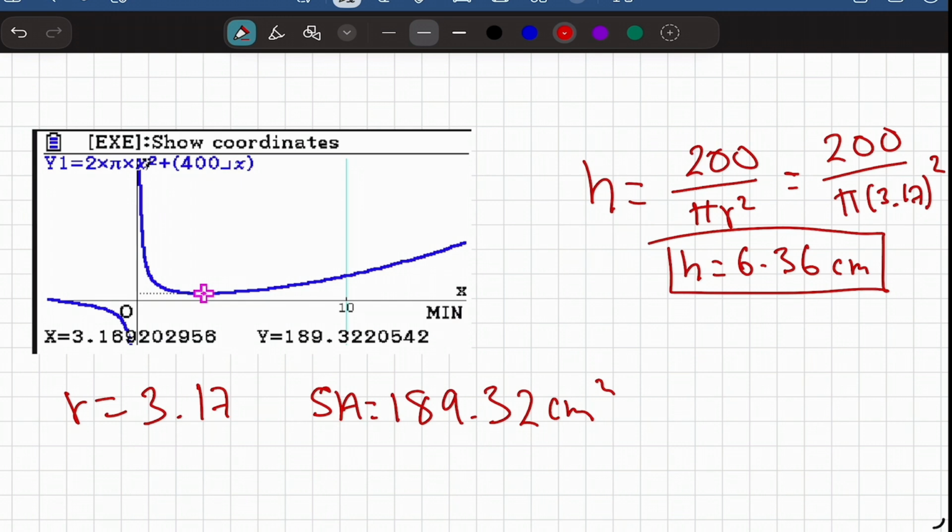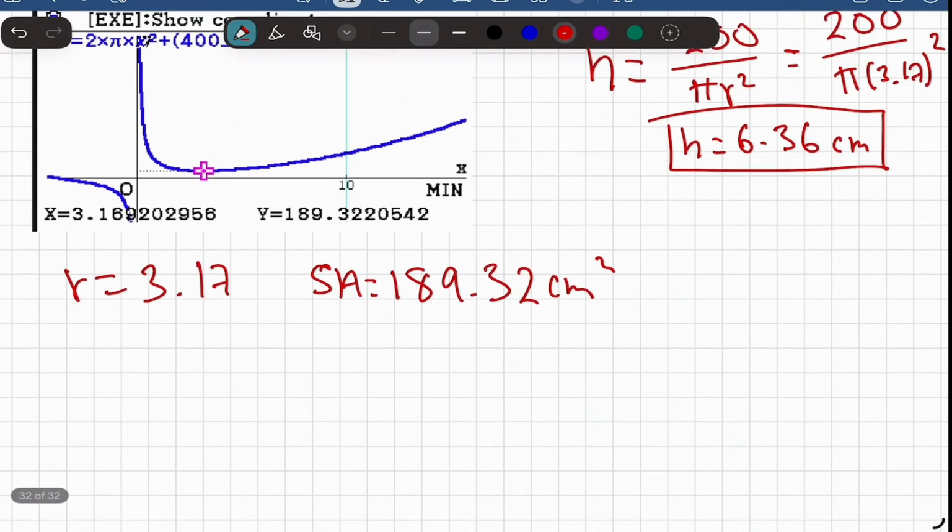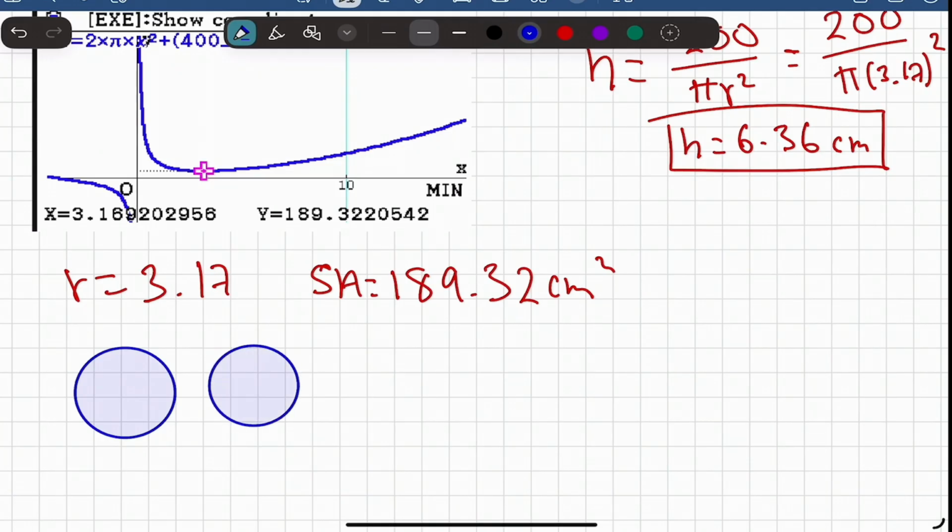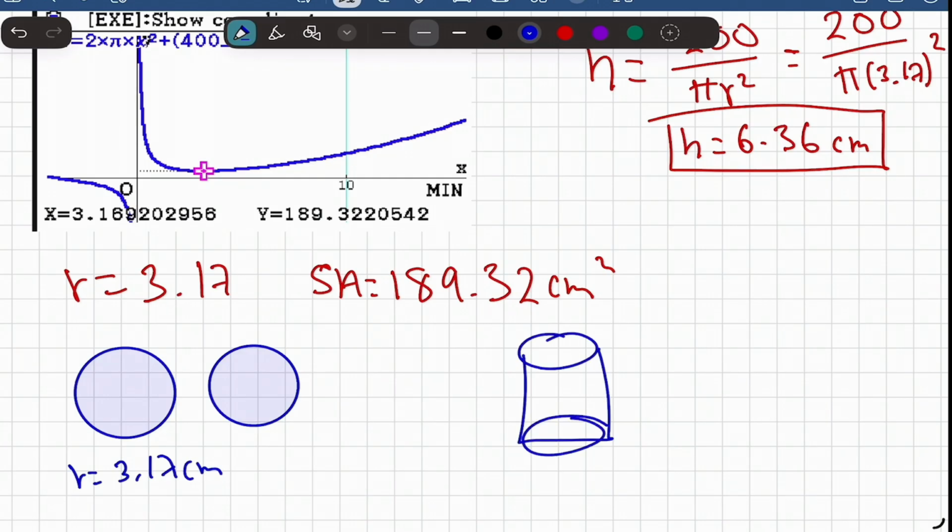This means, guys, that we need a circle, well, two circles, 1, 2, with this radius, 3.17 centimeters, and then the height, we remember, is going to be 6.36 centimeters.